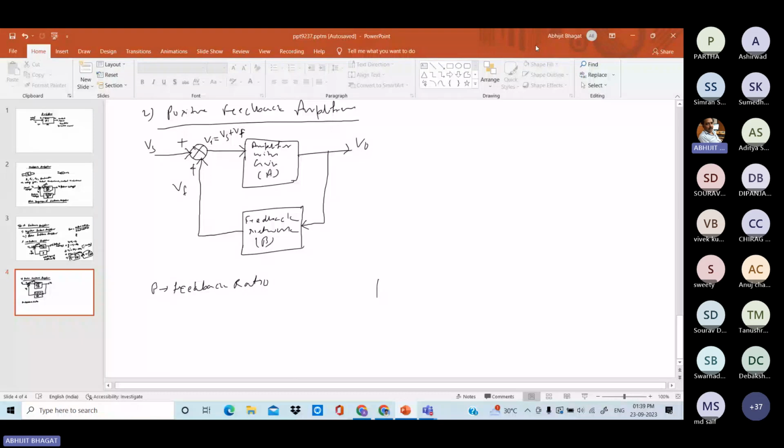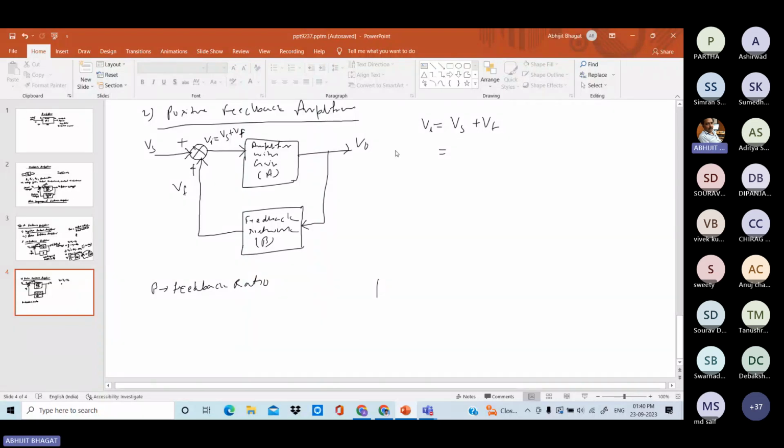Same process is there. First, your Vi equal to what? Your Vi equal to Vs plus VF. Your V0 equal to A into Vi.